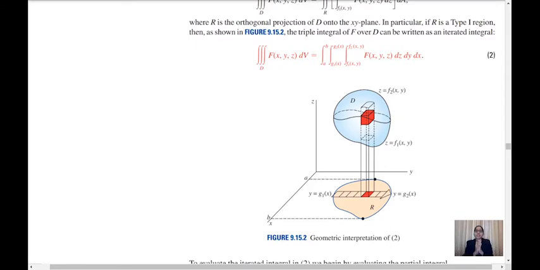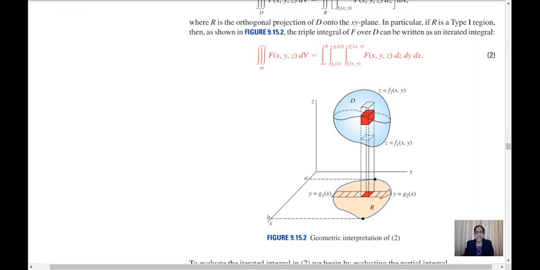So to evaluate the triple integral, we convert it into the double integral form, so that we can make it easier, and we are comfortable with that type of integration. Now there is a difference between the double integral and the triple integral. In a double integral, we had dy dx or dx dy. Only these two options were available, and we had done some problems like changing the order of integration.